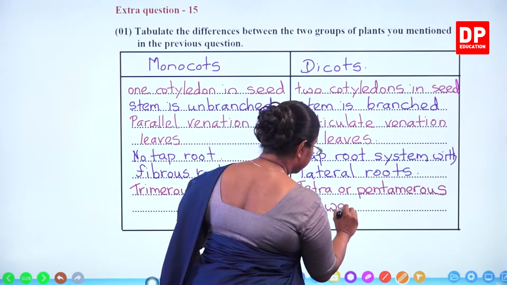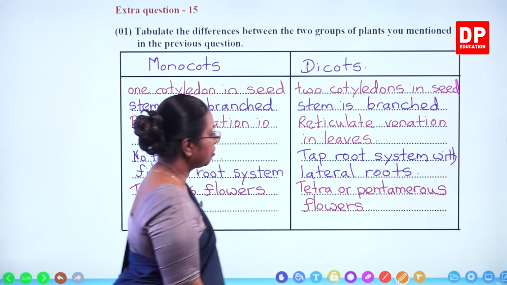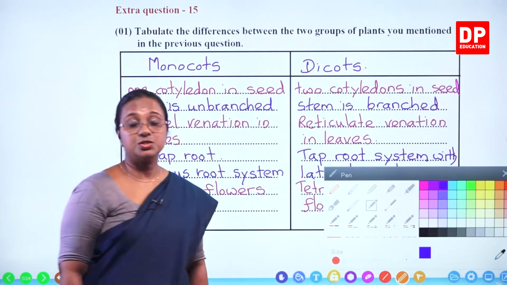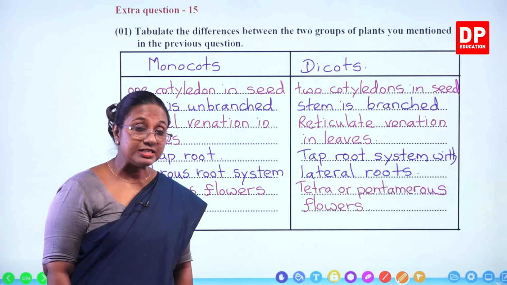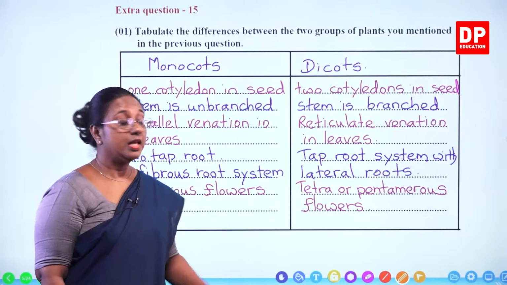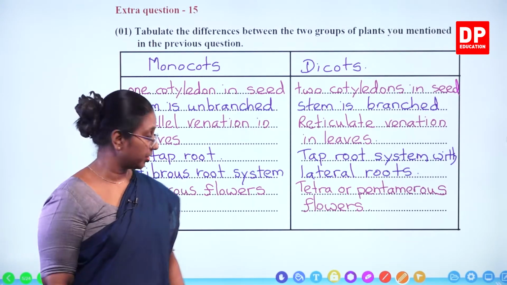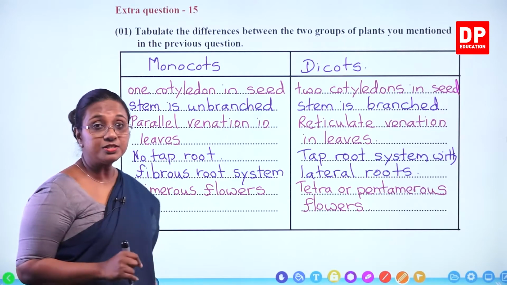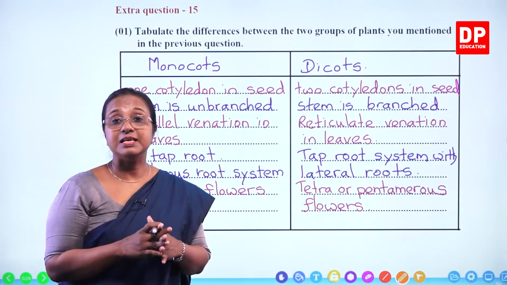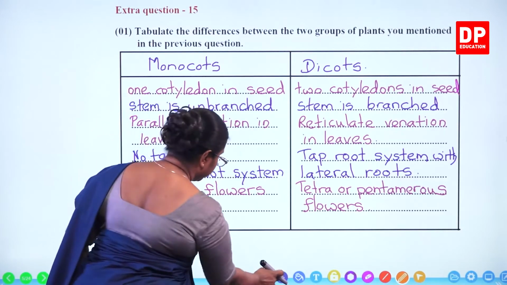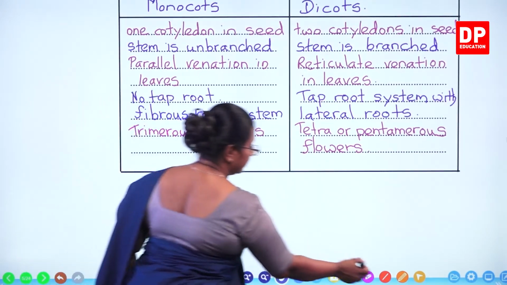We have one more difference. If you consider the stem, the diameter of the stem is even in monocots, whereas in dicots, it's broader at the base and thin towards the tip. So that is also another difference.